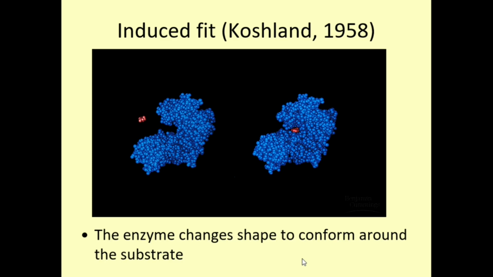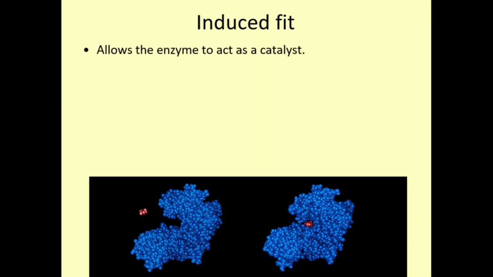And what we're going to do next is look at why that's important, because what this actually does is it gives us some clues as to how enzymes actually carry out or speed up these chemical reactions. So induced fit allows the enzyme to act as a catalyst. And we know that it does this by lowering the activation energy barrier.